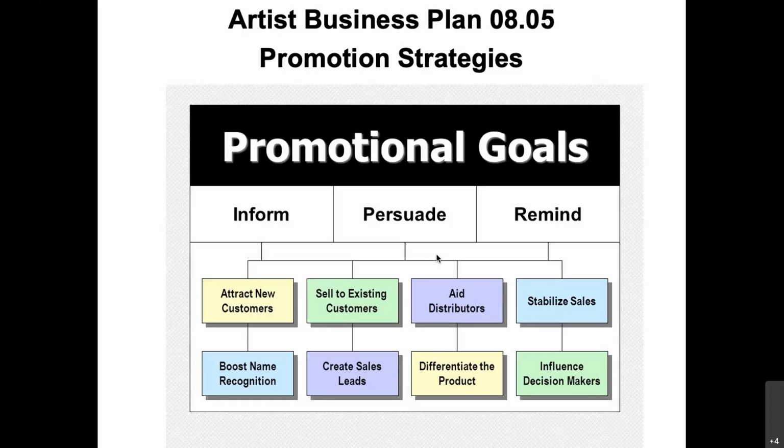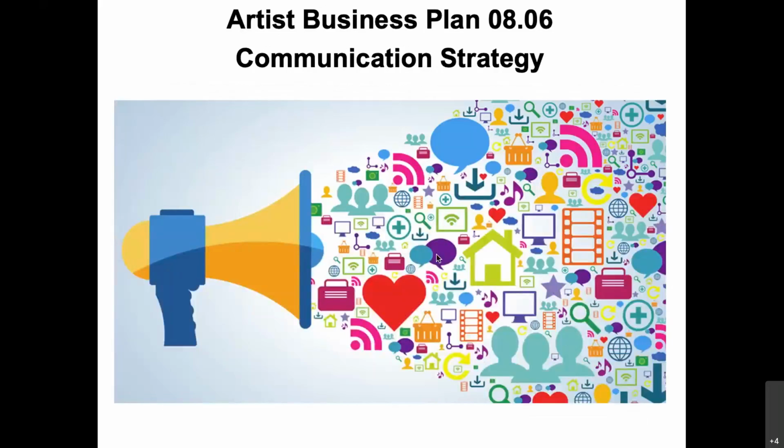So part of this persuasion and information to these fans and reminders can come out through lots of different ways. And depending on your project, depending on your product or your service, exactly what it is that you're working on, your product development, you're going to think about how you're going to be able to promote to the end user. That's the deal. And how are you going to do this?